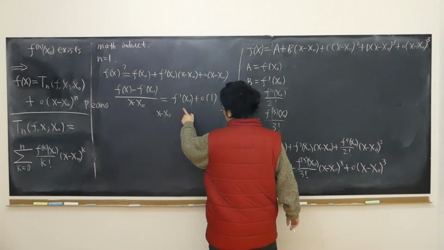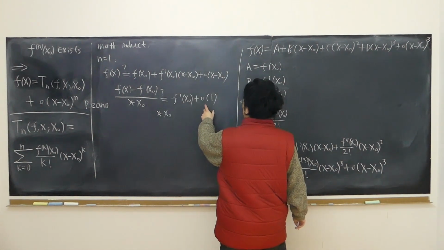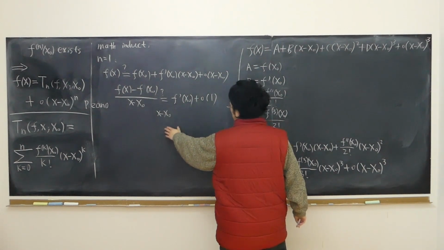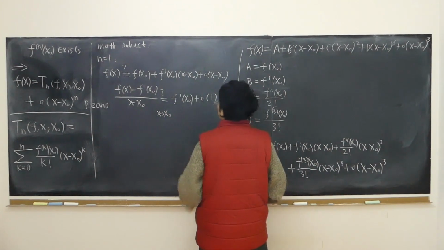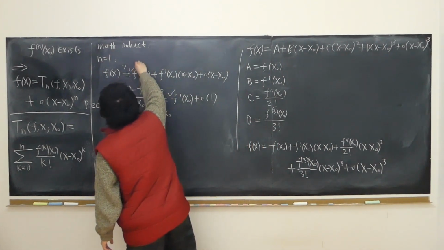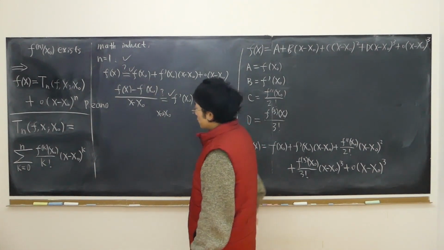Little o of 1 means it approaches 0 as x approaches x0. It's really true. So this expansion is true when n equals 1.